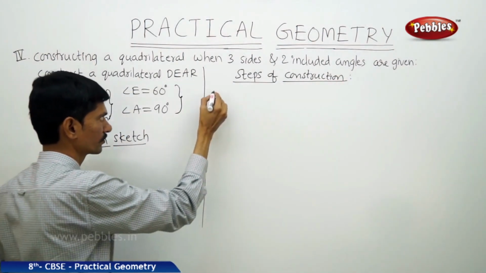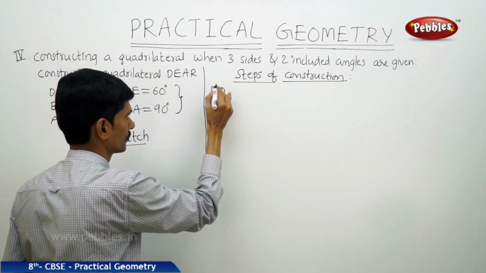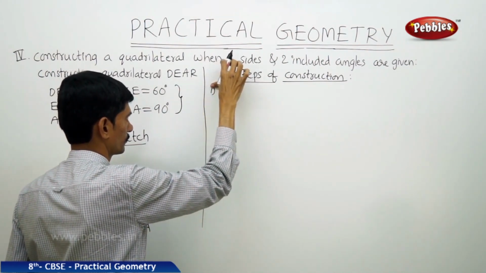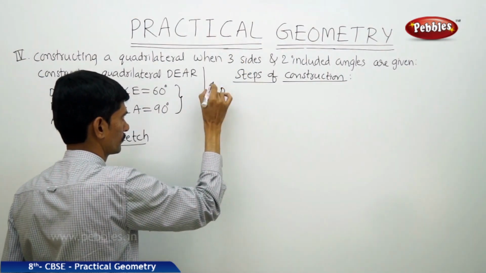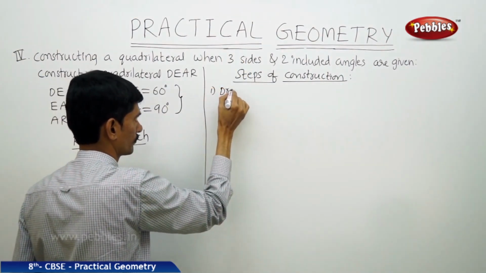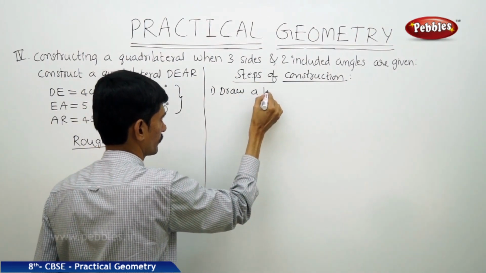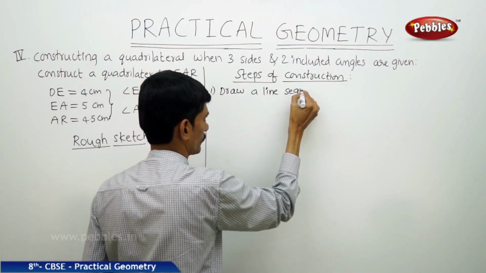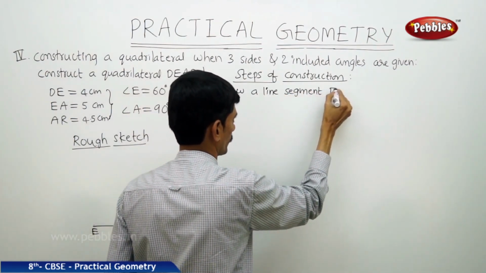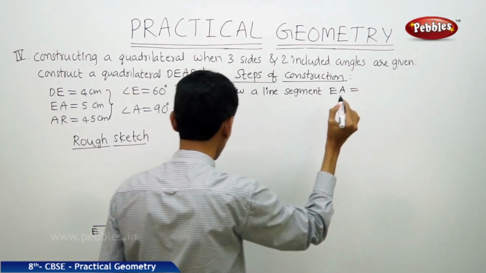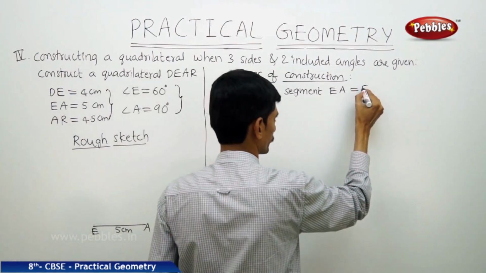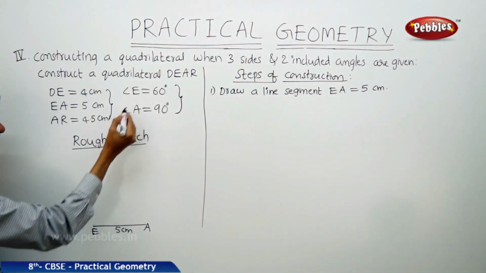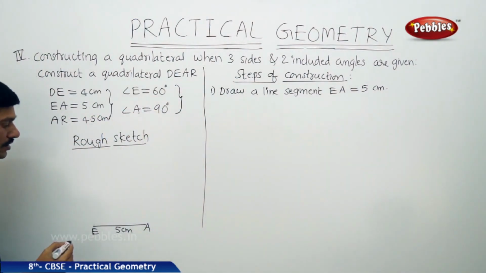So first draw a line segment EA equals to 5 centimeters. Then the two angles are given that angle E equals to 60 degrees.